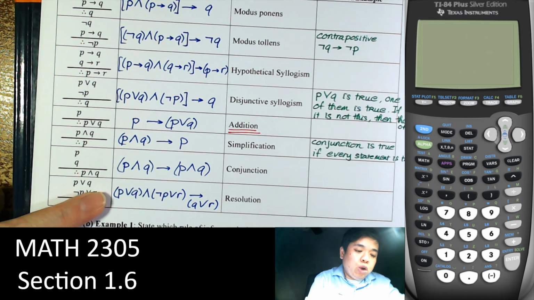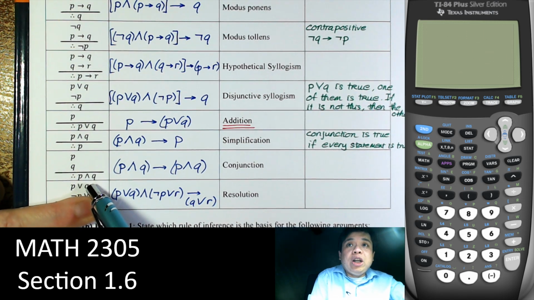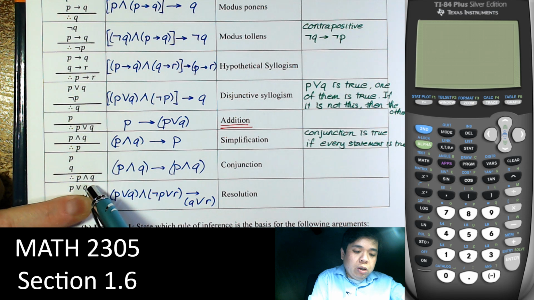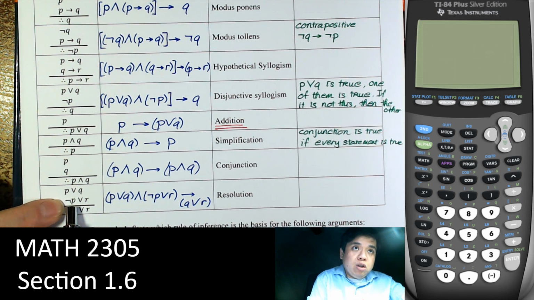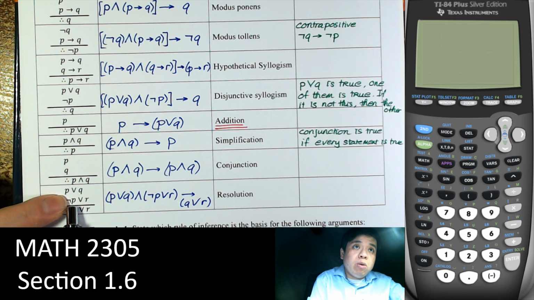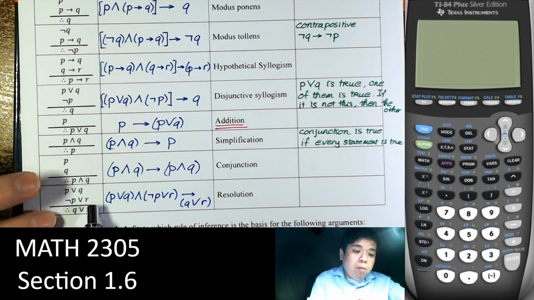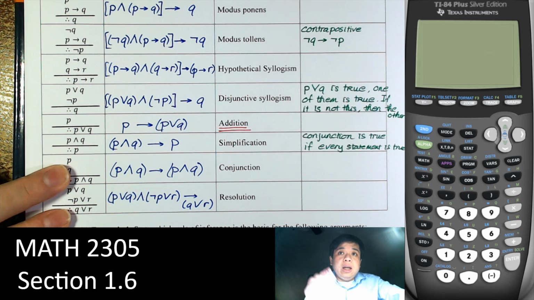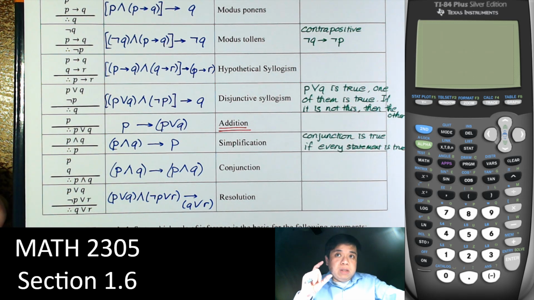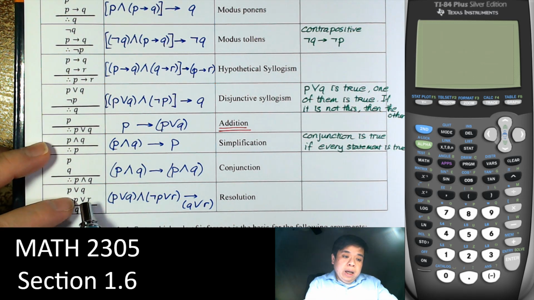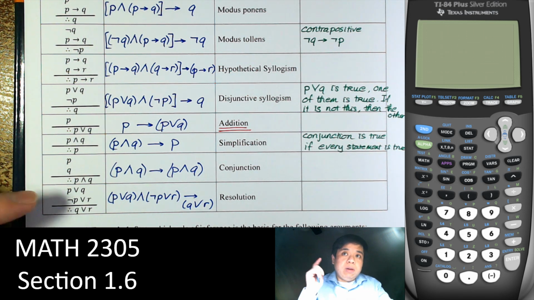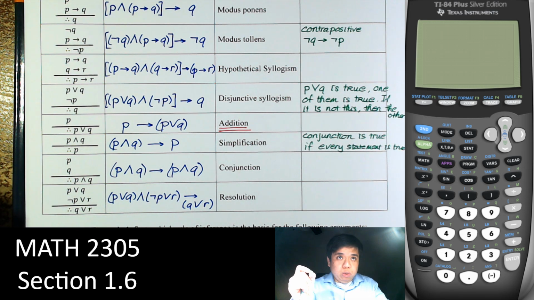So if P is true, then it doesn't matter what Q is, that's one true. But not P is going to be false, so R has to be true. Bottom line is, because of P or not P, one of them is true, forcing Q and R, one of them has to be true.